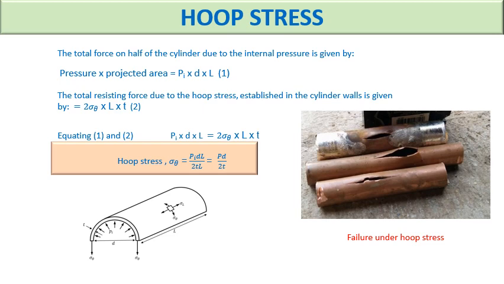The crack may be in the longitudinal direction. This crack is due to the hoop stress or the increase in the hoop stress. This equation is very important in calculating the hoop stress, that is sigma is equal to PD divided by 2t.